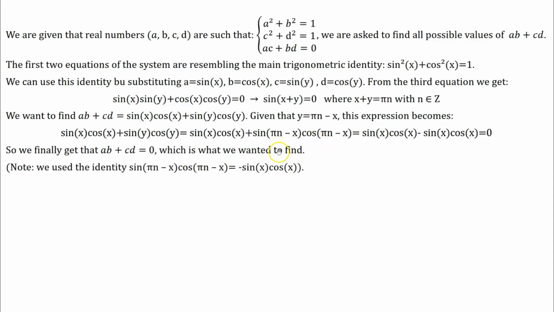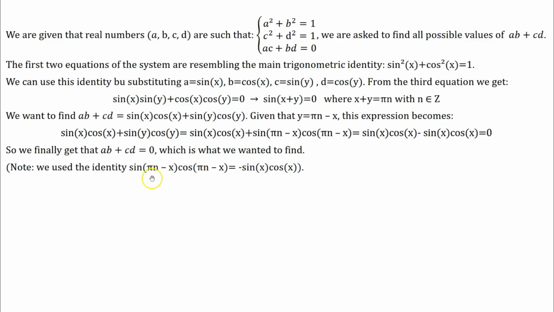But attention, because this expression, sine of (πn minus x) times cosine of (πn minus x), is actually equal to minus sine x times cosine x, because in every case, if you do some simple calculations for n from the set of integers, you will see that they have different signs.